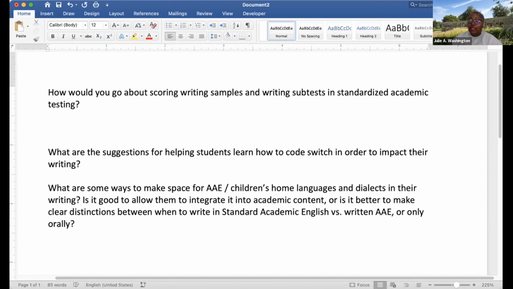But once kids are in school, I think you should allow them to, that's what translanguaging is about, allow them to integrate their home language into their academic content. We're talking about that a lot in California because there are so many second language learners here, about the kinds of Englishes and whether the kids' ideas are clear, because what you're trying to get is clear ideas and get kids to express themselves.